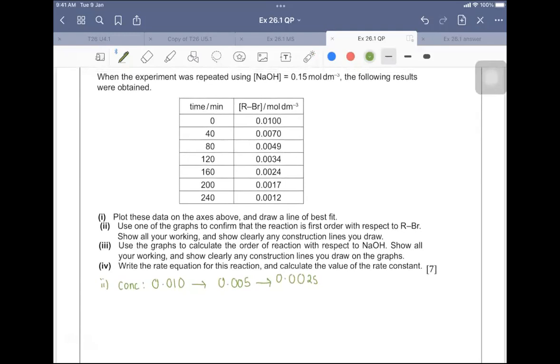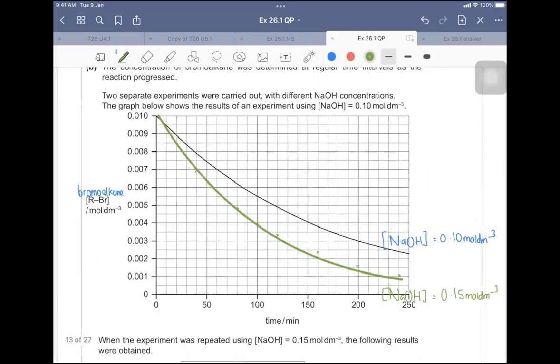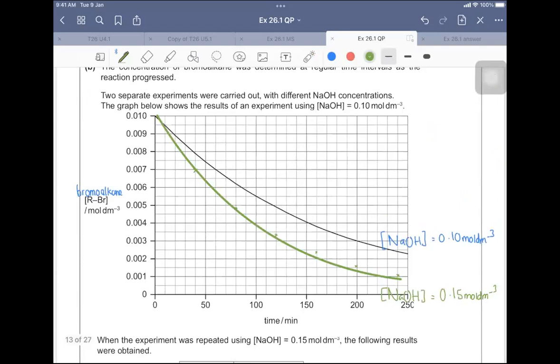You don't have to waste your time. If the numbers are a bit suspicious, then only you would do a further half-life, which is the third half-life. So you should start at 0.010, in which case your time is 0 minutes.